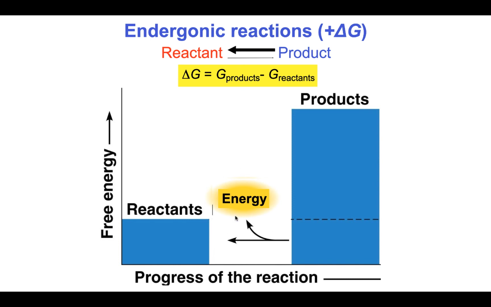So energy is going to be released, but it's going to be released as the reaction runs in the opposite direction as written, in the reverse direction. So endergonic reactions have a positive delta G. What that means is in the forward direction, it doesn't run, but in the reverse direction, it does. It will run in the reverse direction with a release of energy as products become reactants.